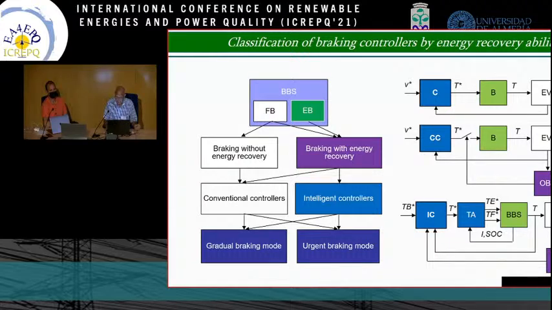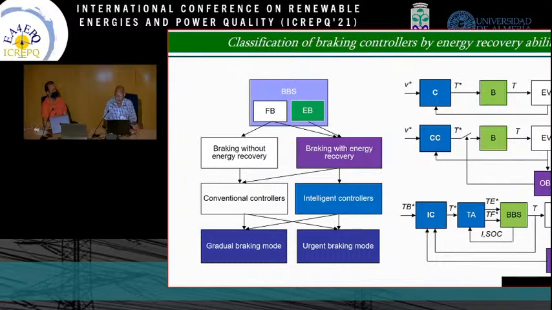But in electrical braking there are some limitations, and conventional controllers usually cannot overcome these limitations. This is why in this paper we focus on intelligent controllers that provide gradual braking and urgent braking with anti-lock braking systems.